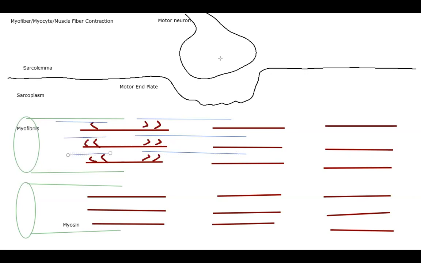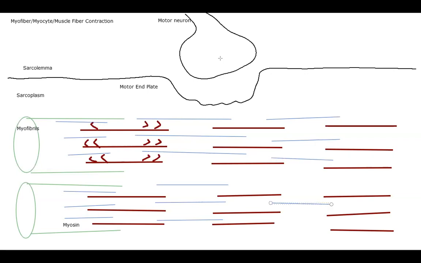Okay, so actin and myosin are overlapping one another. We can see that some regions have just actin, some regions have just myosin, and some regions are capable of interacting with one another, but they're not at rest. Okay, so this blue here, these are actin.